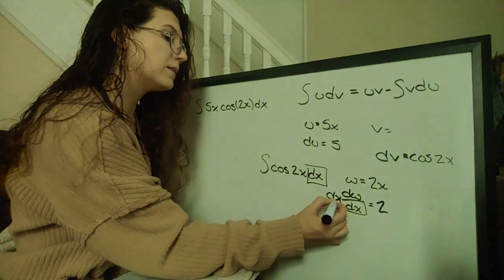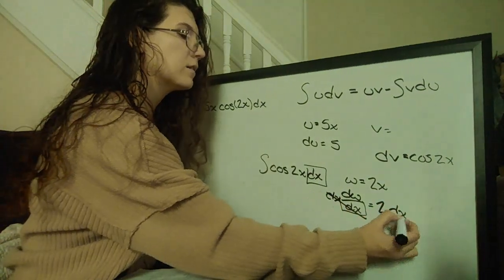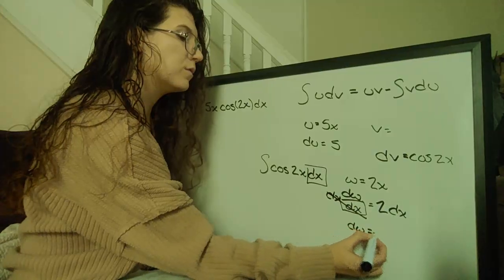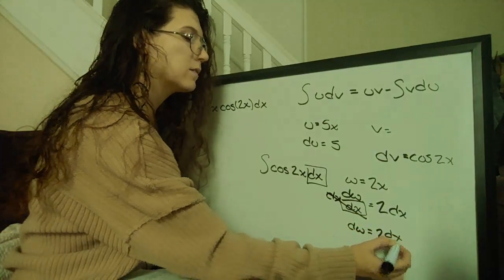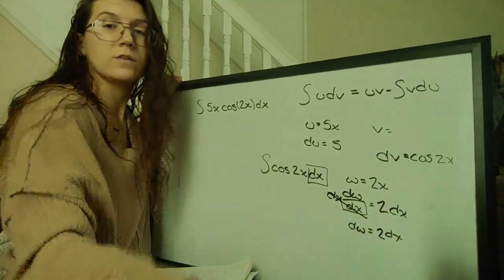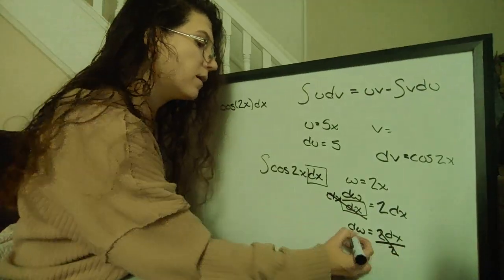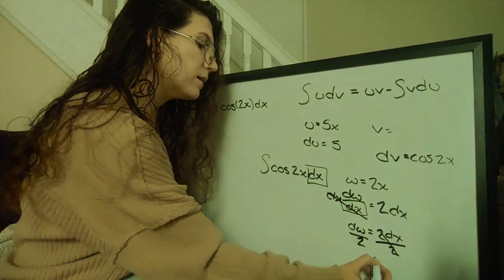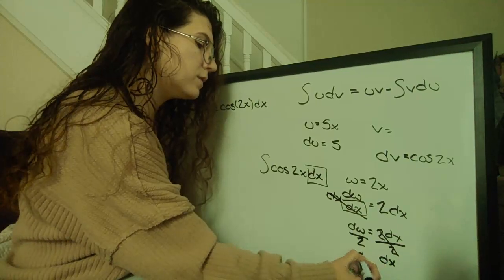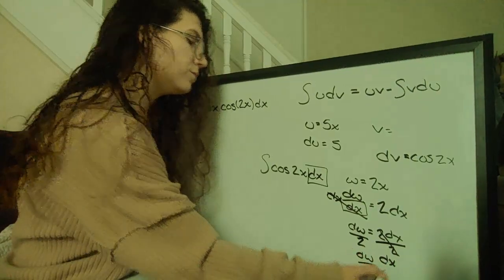I can multiply by dx on both sides, and then I have dw equals 2 dx. Then I can divide by 2, so dx equals dw over 2.